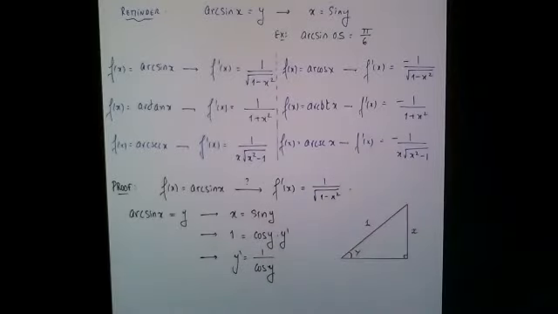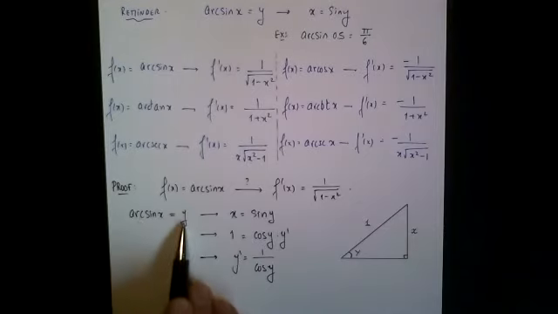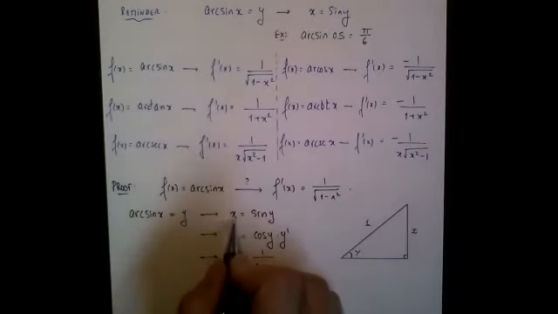Do you understand this? Could you repeat that? Yes, I'll repeat that. If arc sine of x is y, this means that the sine of y is x. Good, that's true, you agree. Now, if the sine of y is x, it means the sine of y is equal to x over 1, right?